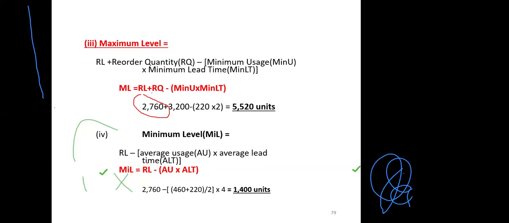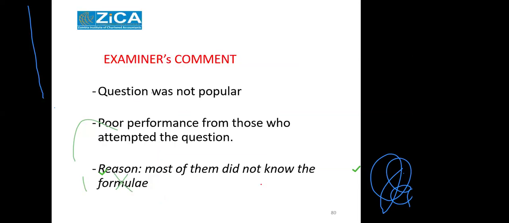Since you had calculated the reorder level as 2,760, then you calculate the average usage: maximum usage 460 plus minimum usage 220 divided by 2. Then times the average lead time, which we calculated as 4 up there. So the total is 1,400. That's for something like 11 marks.